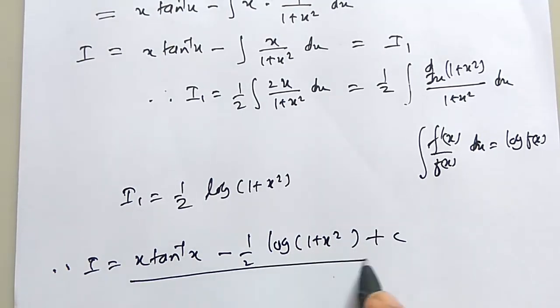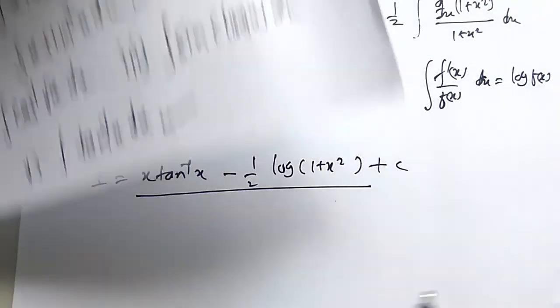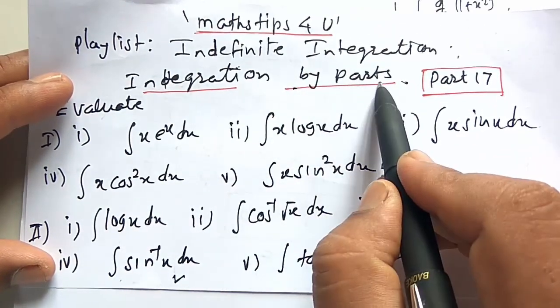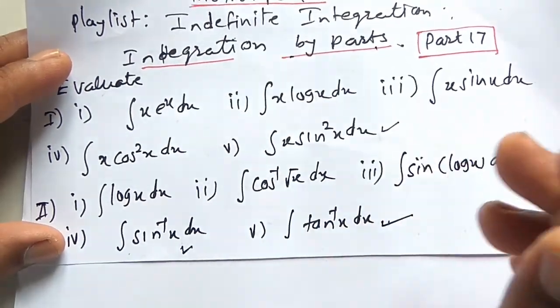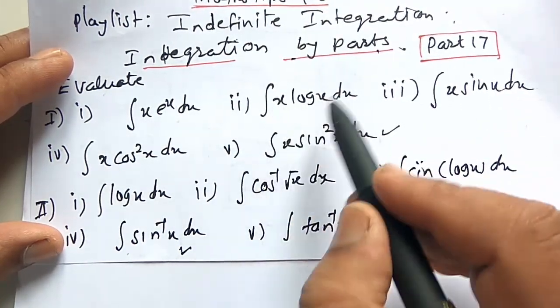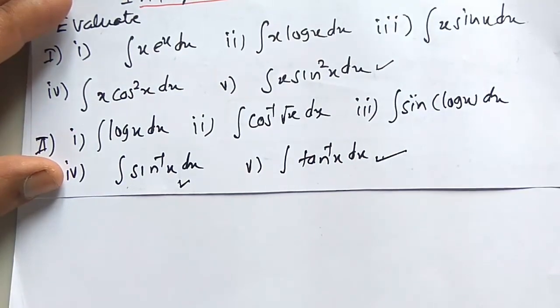So this is the integration. In this way we have solved a few examples on integration by parts. Now you understood which function is to be taken as first and which is to be second. Thank you for watching my video.